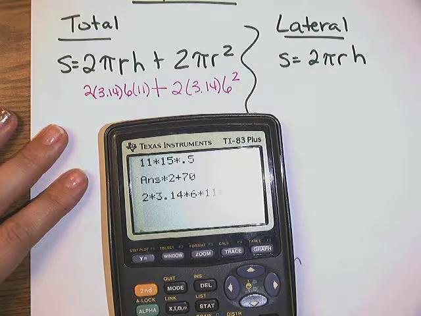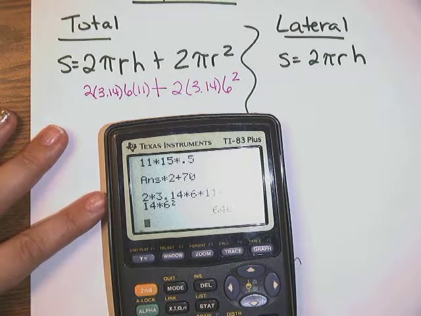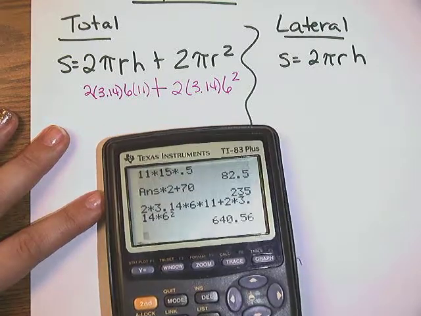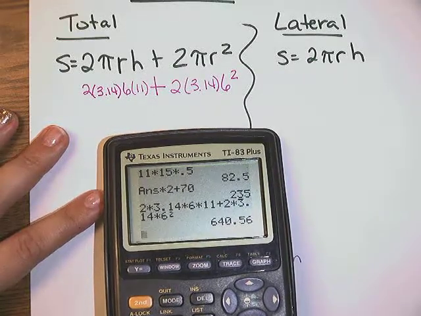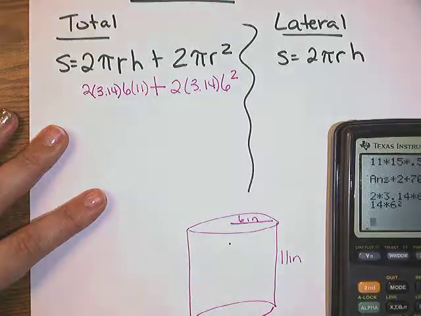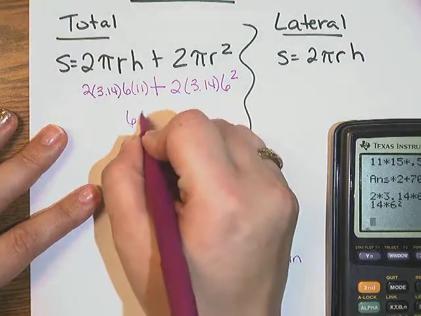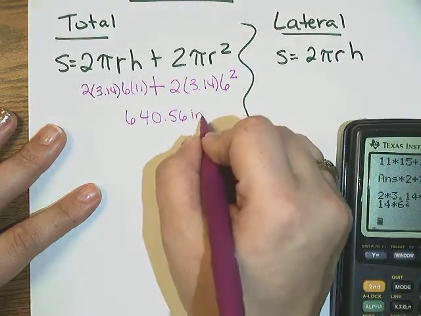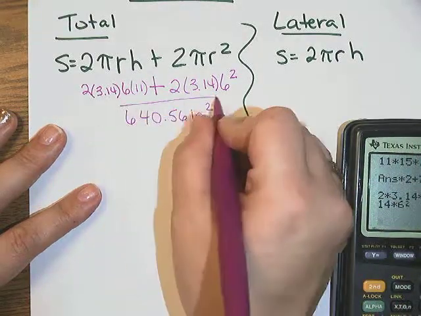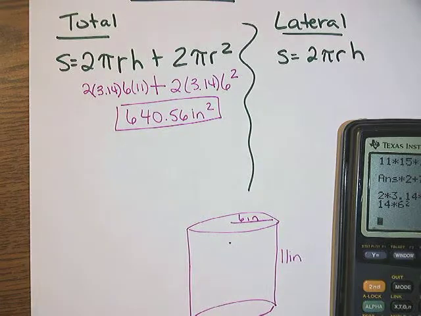2 times 3.14 times 6 times 11 plus 2 times 3.14 times 6 squared. This is if you use 3.14. If you use pi, it might be different. 640.56 inches squared.